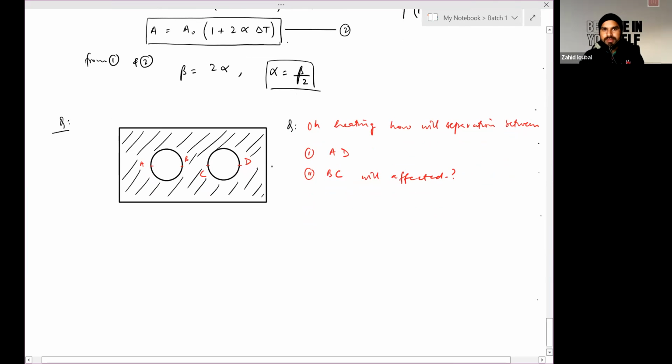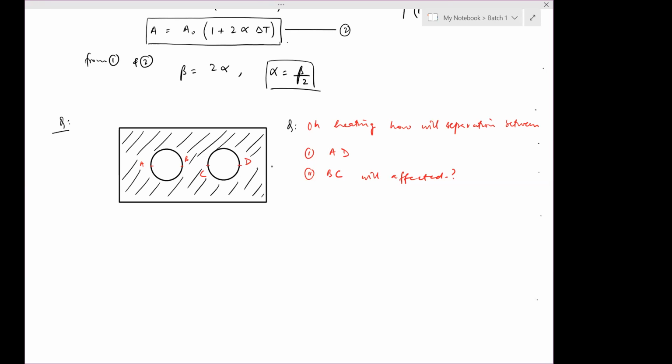So on increasing temperature or on simply heating, what will happen to its separation between A and D and B and C? Whether it will increase, decrease, or remain same? Sir, it will increase. For part first or second? The first one. Okay, and what about second one? Second will be decreased, I think.